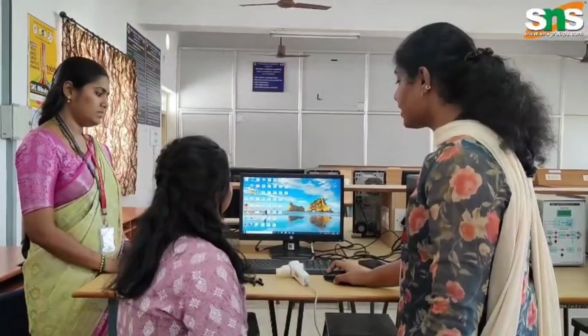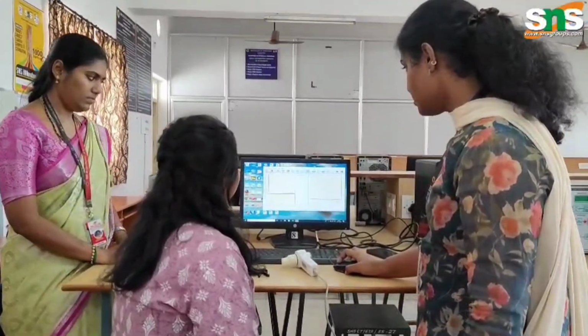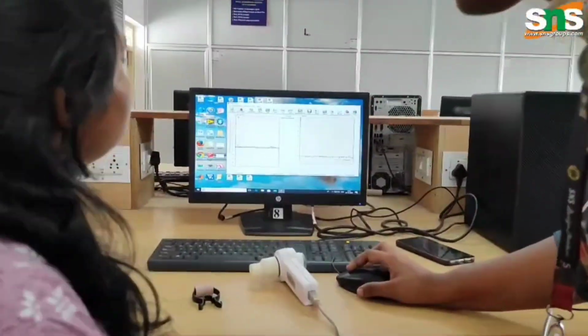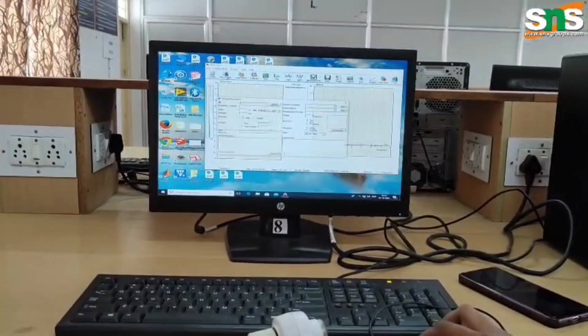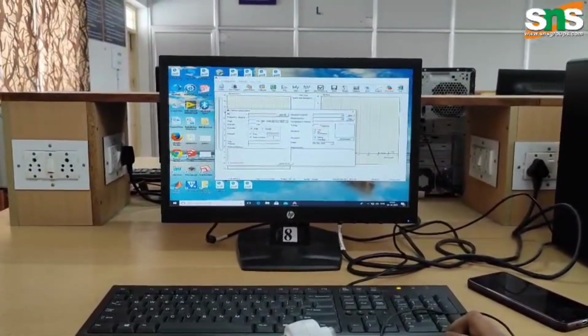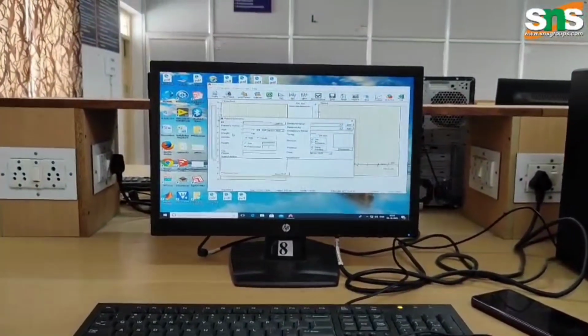So let's start the spirometer experiment now. What is the software which comes inbuilt with this device? The software we have used today is RMS Helios. When we enter, we have many options like new patients. When we click new patients, we have to enter personal details like patient name, age and weight.